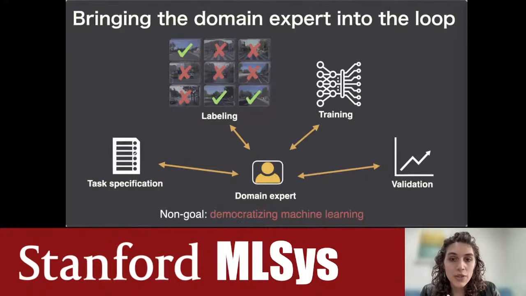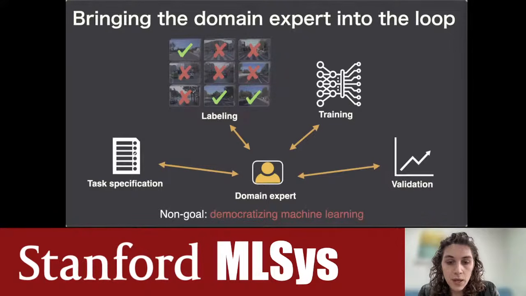We assume here that the domain expert is someone who is already training, for example, computer vision models. Someone like myself or probably a lot of other people on this call. Our goal is to make them more efficient, not to enable people who don't know how to build models already. And so we aren't there just yet.